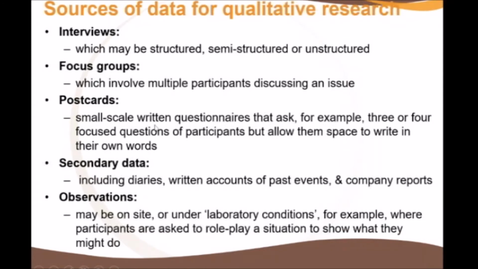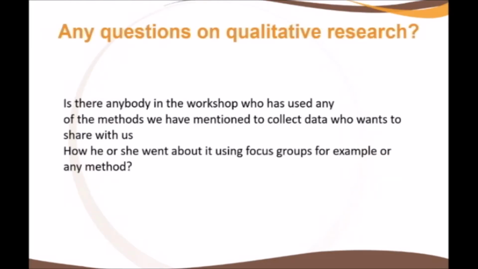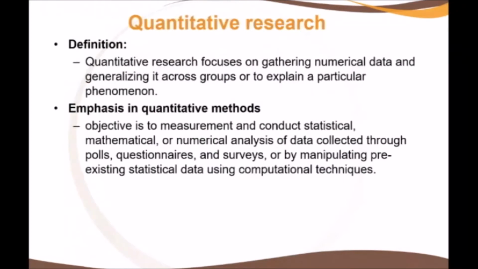The other source of data is secondary data, which could be diaries or written accounts of past events or even company reports. And then the last source would be observations. So I'll now move into the focus for today.